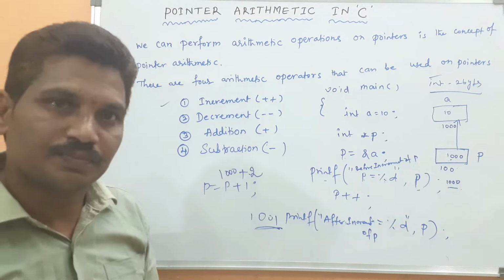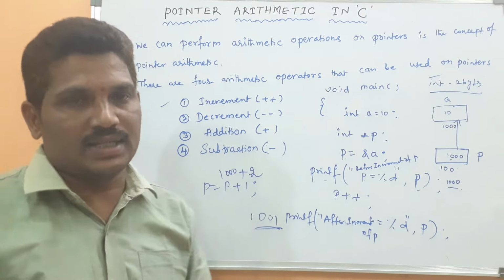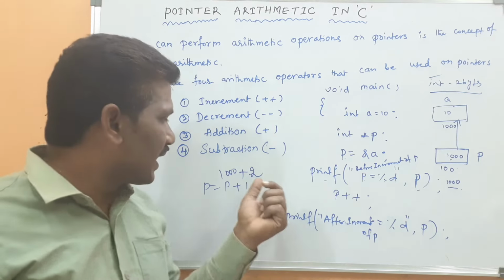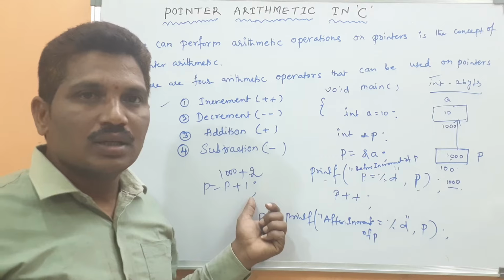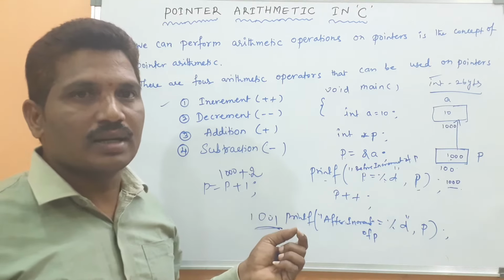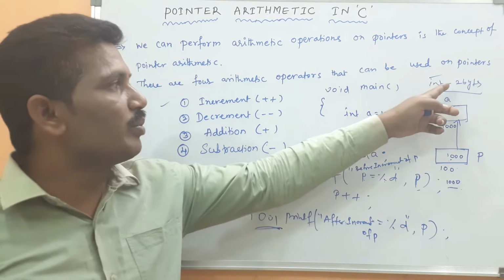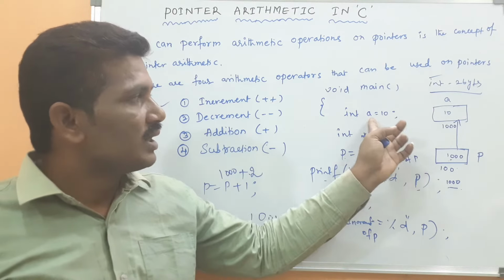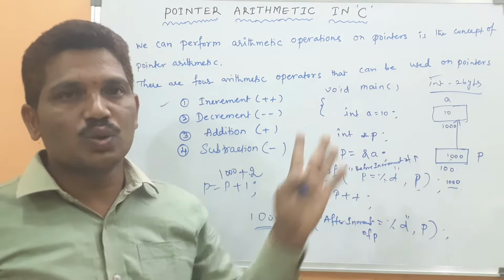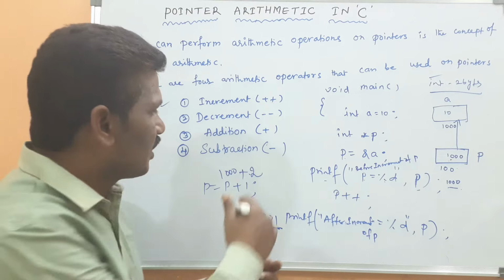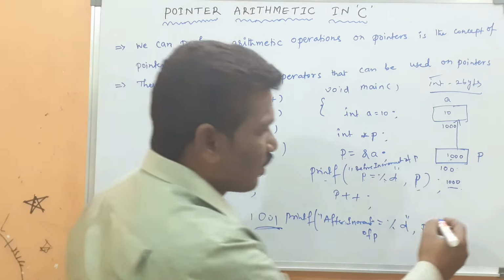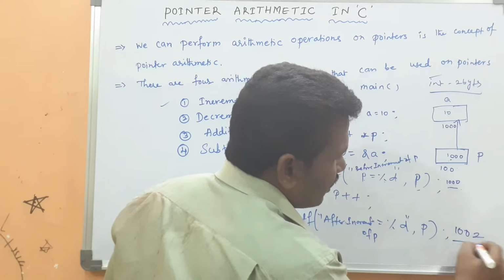It will be added by 2 because the integer is 2 bytes. If you take 4 bytes, the answer is 1004. Here the answer is 1002.